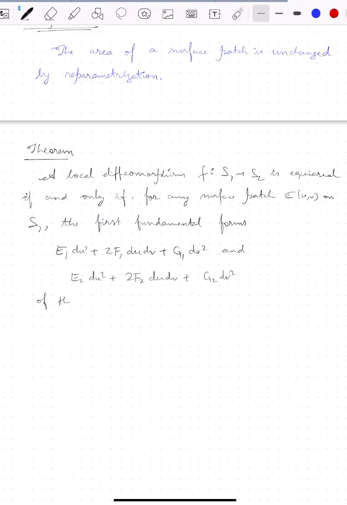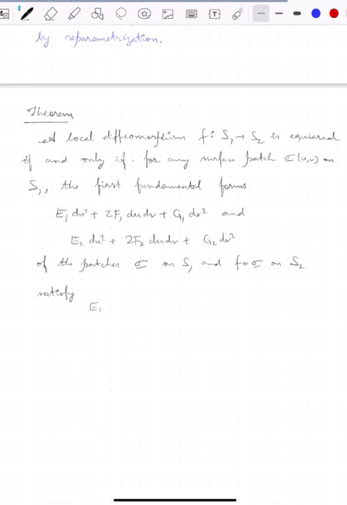So these are the first fundamental forms of the patches, sigma vector on S1 and f of sigma on S2, satisfy E1 G1 minus F1 squared is equal to E2 G2 minus F2 squared. If these happen to be the same, then it is an equiareal surface, right? Or equiareal maps, right?